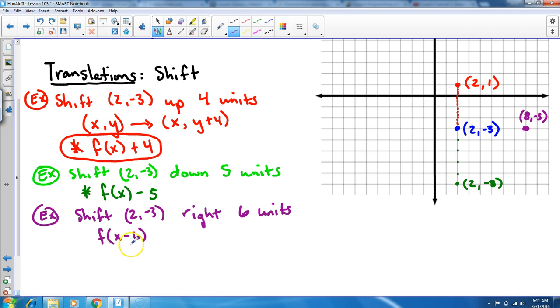So instead of f of x, we have f of x minus 6 in our notation. This is how we shift right 6 units, and this is really the one that you've got to be careful of. It's actually opposite of what you think it is. So we're changing the x, that makes sense, but it's actually opposite of what we think our shift is going to be.